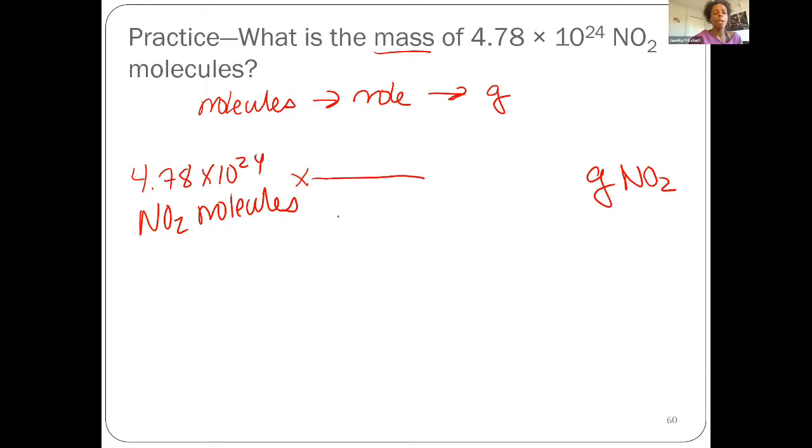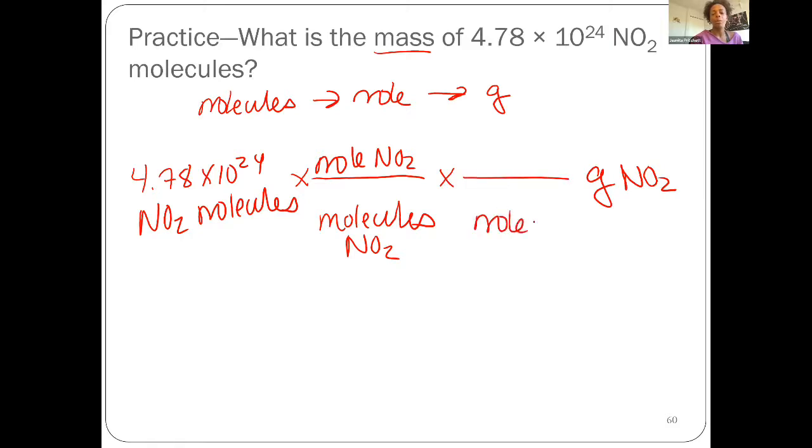So on the bottom here, I would put molecules of NO2, and we're going to moles of NO2 as the first step. Then once I'm in my connecting unit, I can then go from moles of NO2 to grams of NO2.